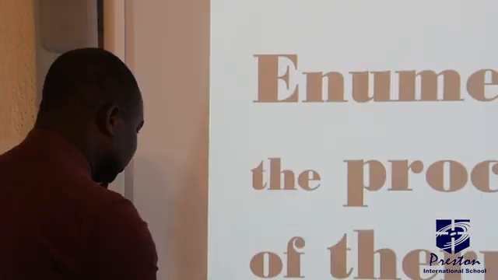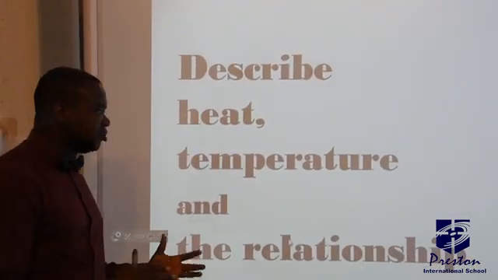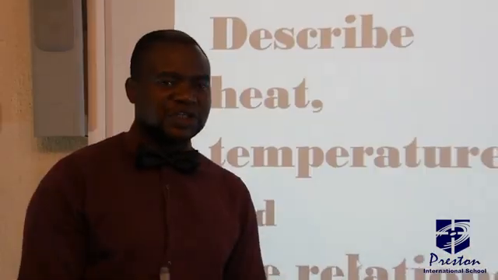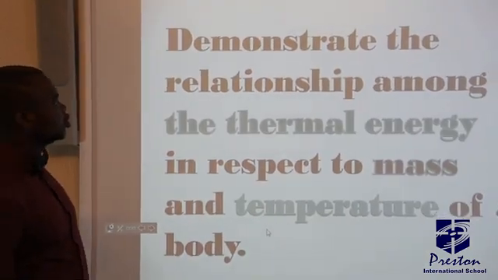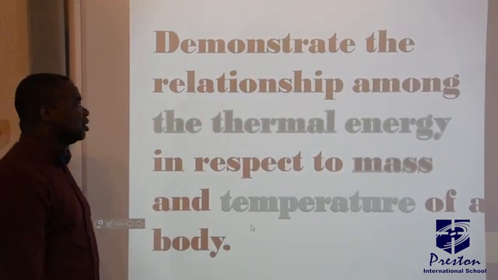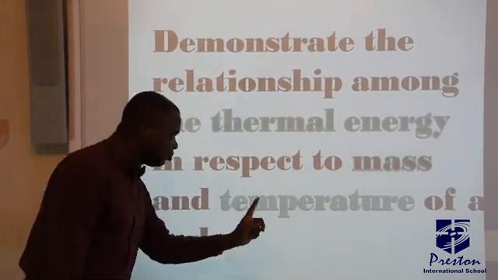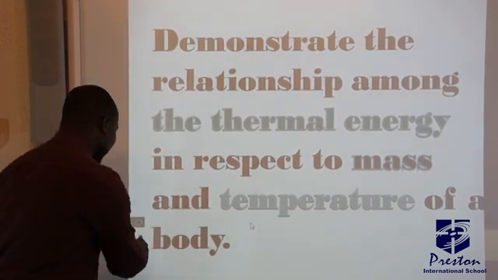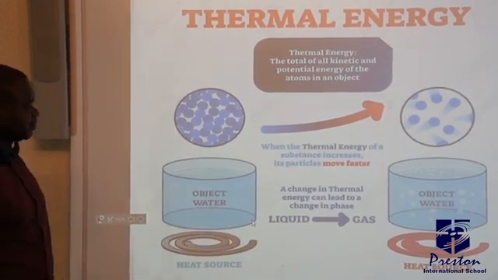And of course, in this class, we shall also describe heat and temperature, and the relationship between these two parameters. Then lastly, we want to demonstrate the relationship among thermal energy, mass and the temperature of a body. Okay? And then that will take me to quickly look at this picture for us, thermal energy.